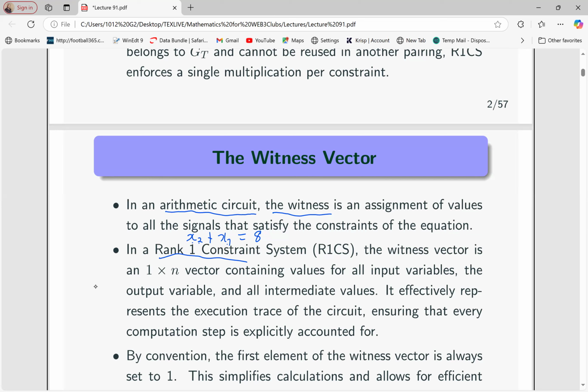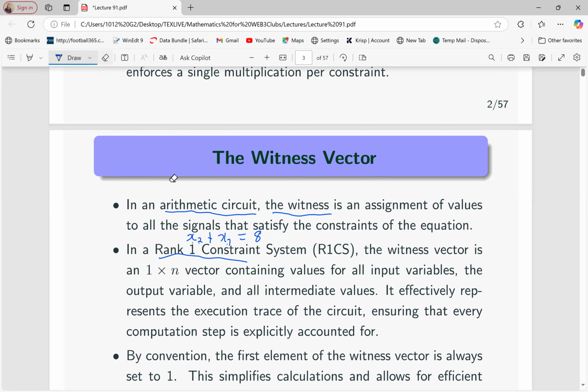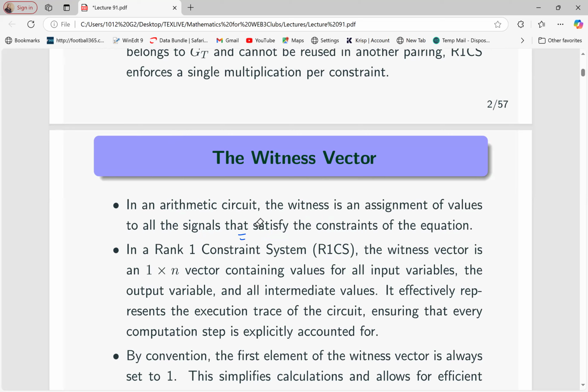Once we come across an arithmetic circuit, our agenda would be, first of all, to identify a witness in that arithmetic circuit. How many witnesses do you have? That's what we'll be doing. I've just given a simple example, and in terms of arithmetic circuits, we've seen two witnesses, X2 and X1.